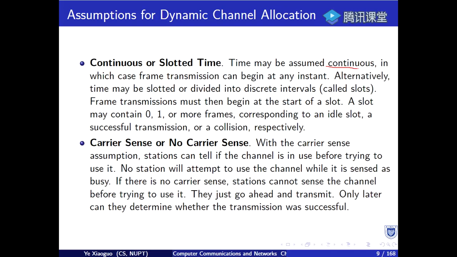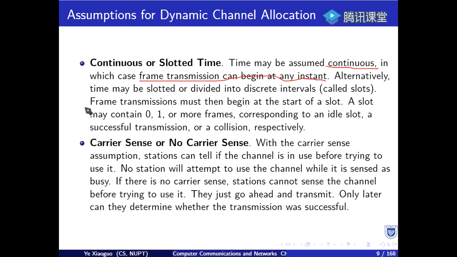Alternatively, time may be slotted, or divided into discrete intervals called slots.